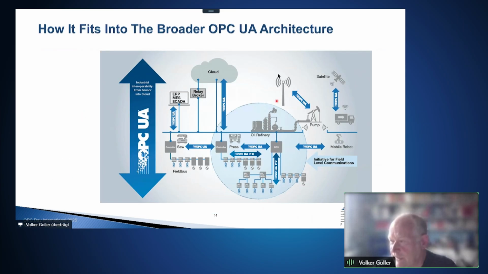I have modified the picture that I found on the OPC UA website, and I actually added here and here OPC UA FX arrows, because I think that is possible, and it would greatly expand the capabilities of what we can do with OPC UA, and specifically OPC UA FX.